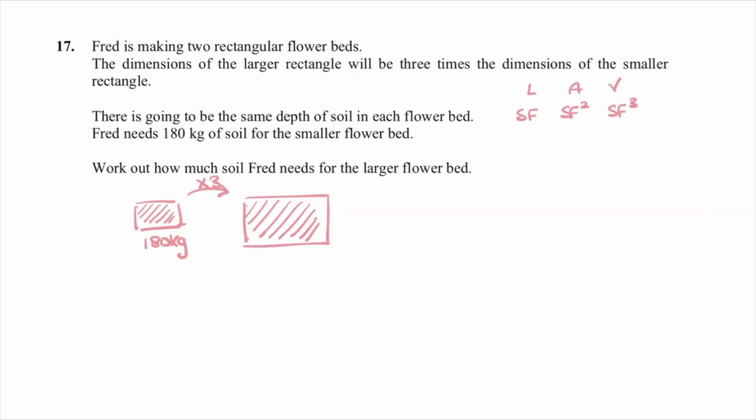Now we can see that the length has been scaled up by 3. So our scale factor is going to be, remember, scale factor squared, because we're going from area to area. So it's going to be 3 squared. And when we pop that in, we get our final answer, 1,620.